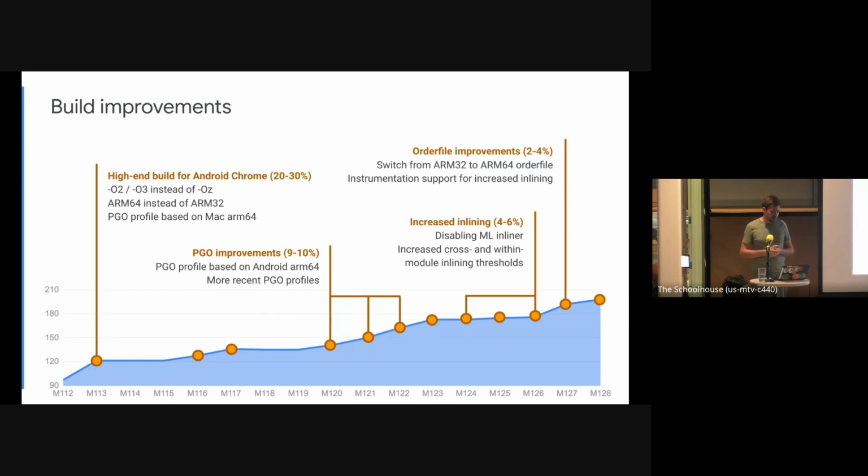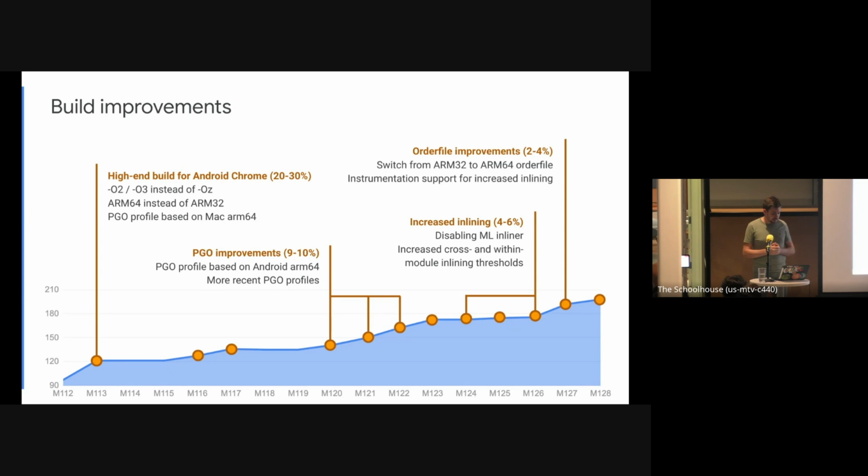We also made sure that the profiles are generated on the real hardware that we want to ship on, so we use Android ARM64 high-end devices to create these PGO profiles. Those changes stacked up to another 10% or so.